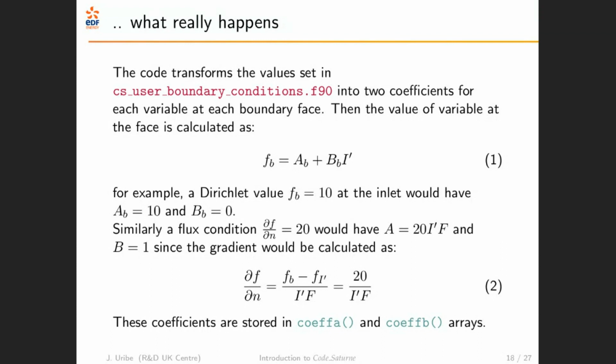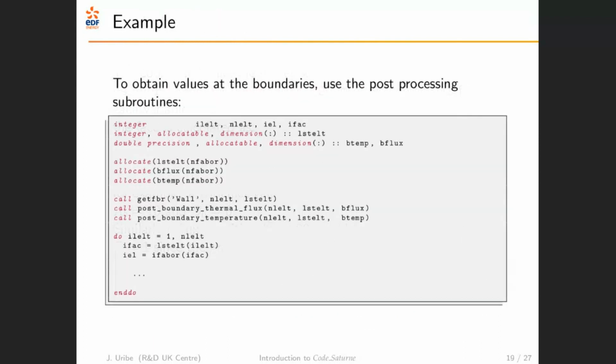So you'll see in the tutorial that we're going to do, you're going to have to compute the heat flux through the boundary, and rather than using the value that you impose, you will have to get it from the code, and I'll show you.